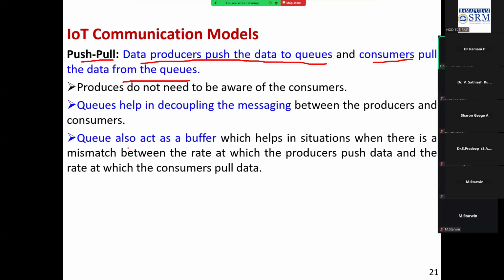For example, the generator might generate the data very fast, but the receiver will not be able to receive the data that fast. In that case, I will put it into a memory location, and the consumer, whoever wants the data, will take it depending upon their speed. That is why this push-pull model is very popular.